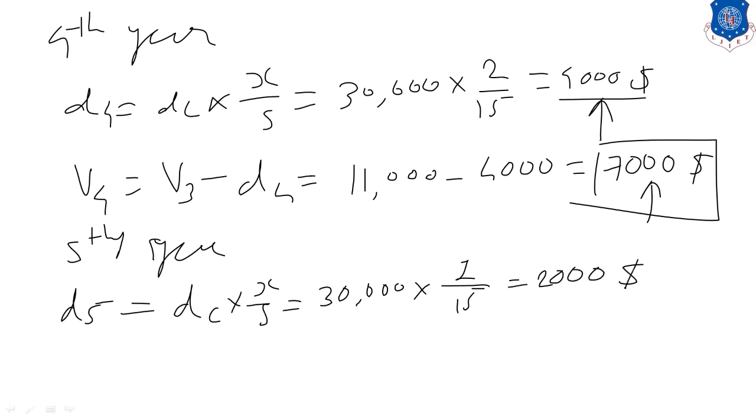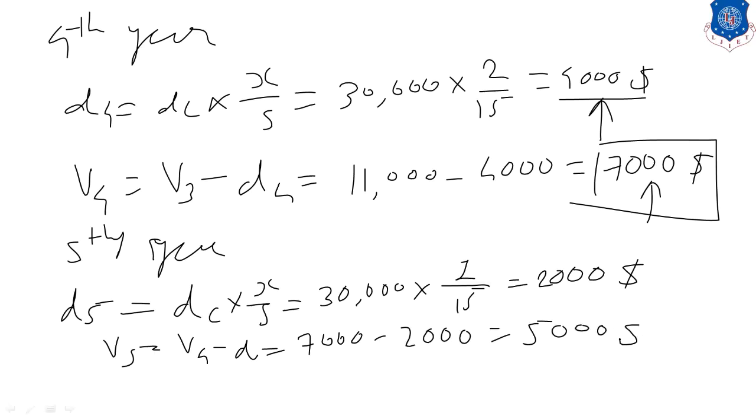So this is the depreciation for the fifth year, and the book value for the fifth year can be given by V5 is equal to V4 minus D5, which is 7,000 minus 2,000. So we'll get $5,000. So this is the book value at the end of the fifth year for that particular equipment.